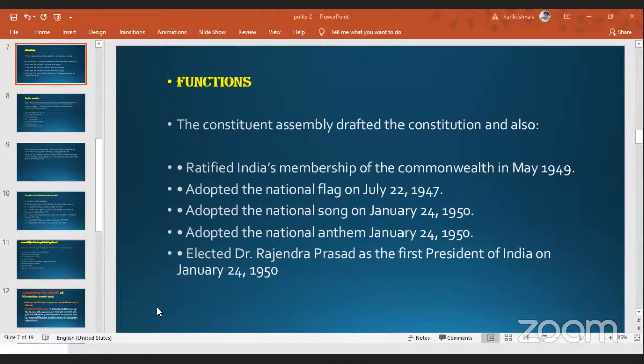So these are the functions: the Constituent Assembly drafted the Constitution, ratified India's membership of the Commonwealth in May 1949, adopted the national flag on July 22, 1947, and adopted the national song on January 24, 1950.